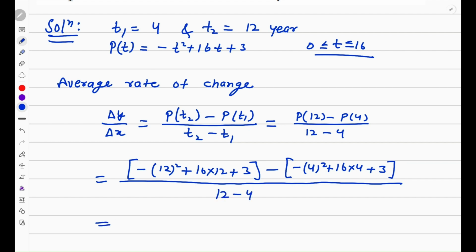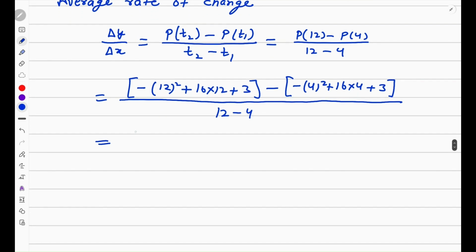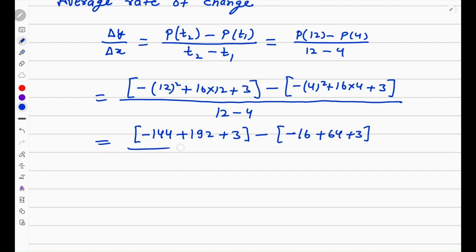If we calculate these values, we will get minus 144 plus 192 plus 3 minus 16 plus 64 plus 3 over 8.